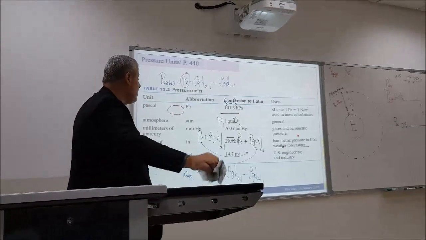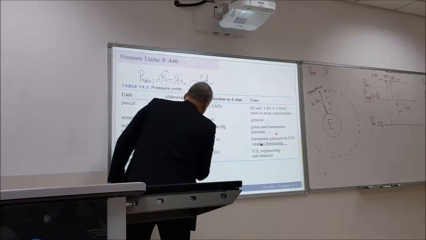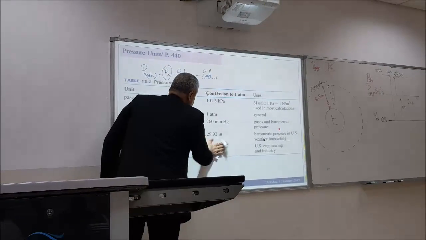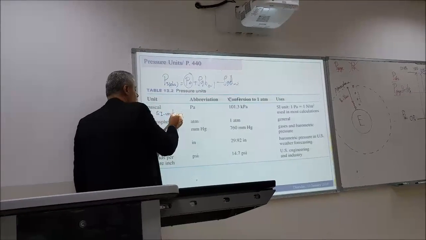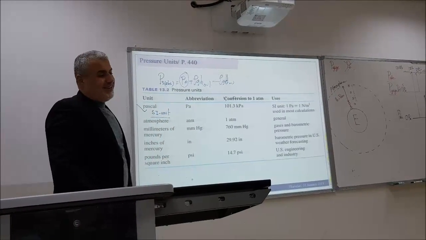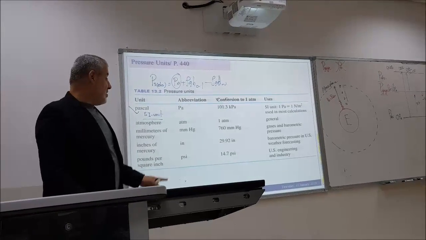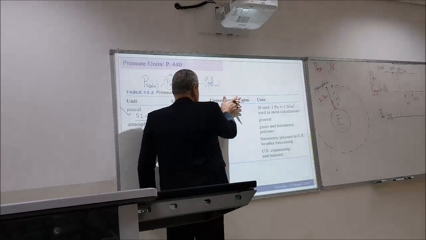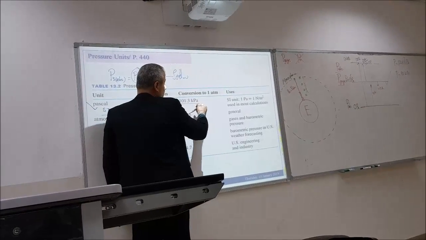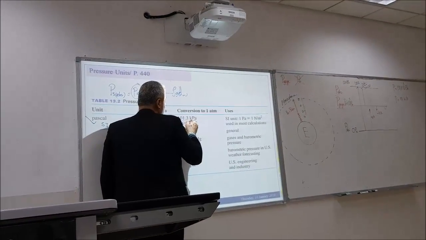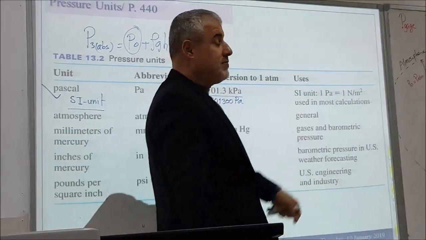طيب. هنا يا شباب I have a notice on this. This is the last point. The SI unit. When I say SI unit, in all problems you have to use Pascal. كل المسائل لازم تستخدم باسكال يا شباب. اوكي؟ عندنا الباسكال يساوي 101.3 كيلو باسكال or 101,300 باسكال. نعرف هذا اللي هو SI unit.